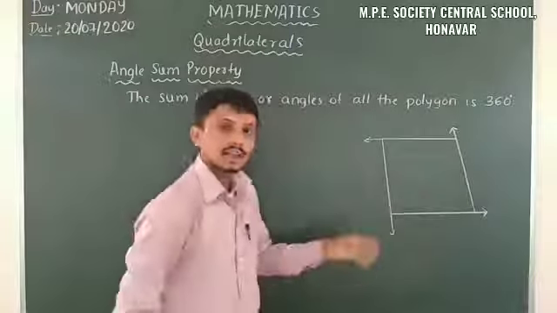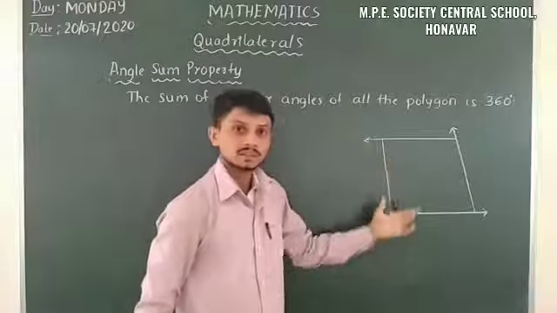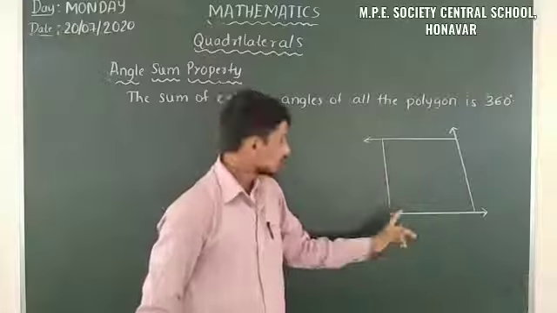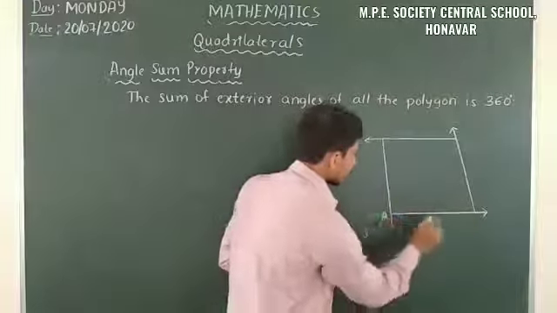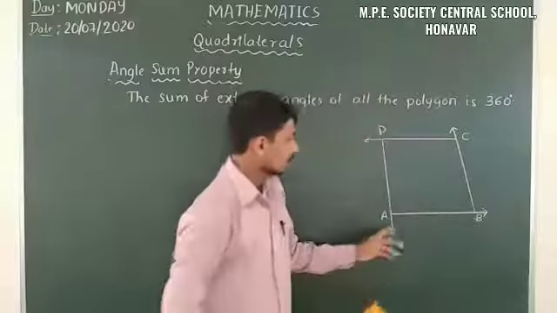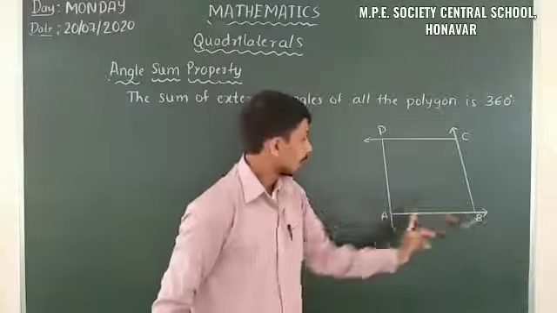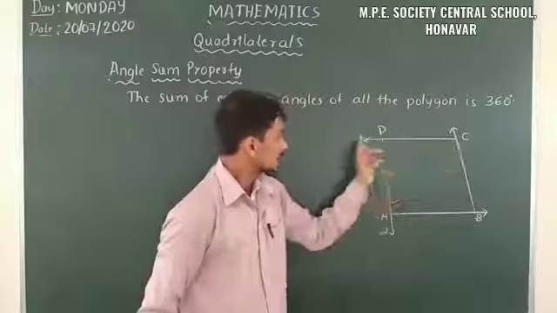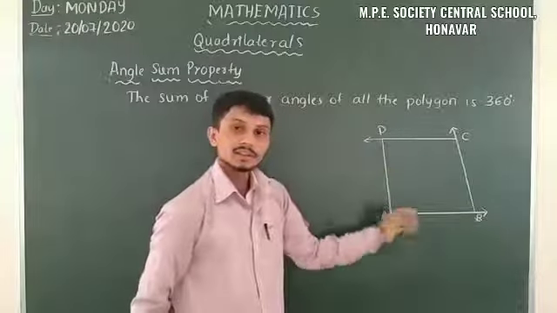Here the arrow mark shows the extended part; the line is extended here. I will call it A, B, C and D, and I will extend the lines AB, BC, CD and DA.